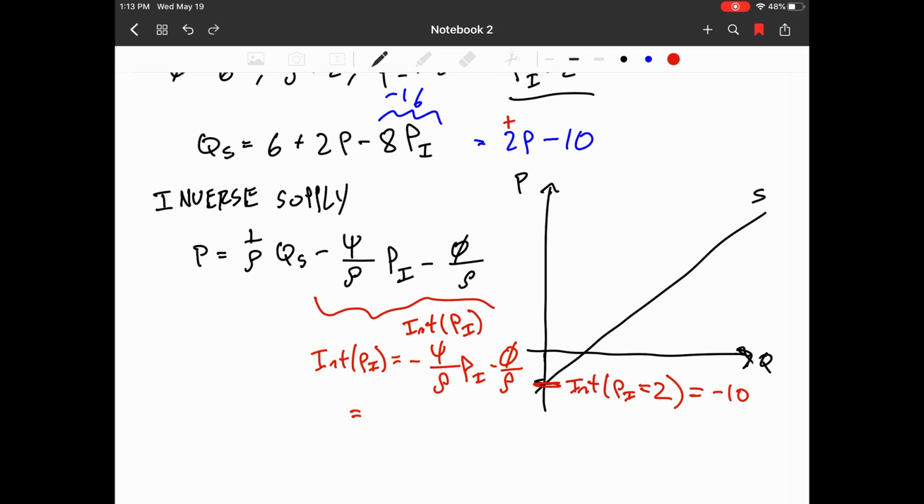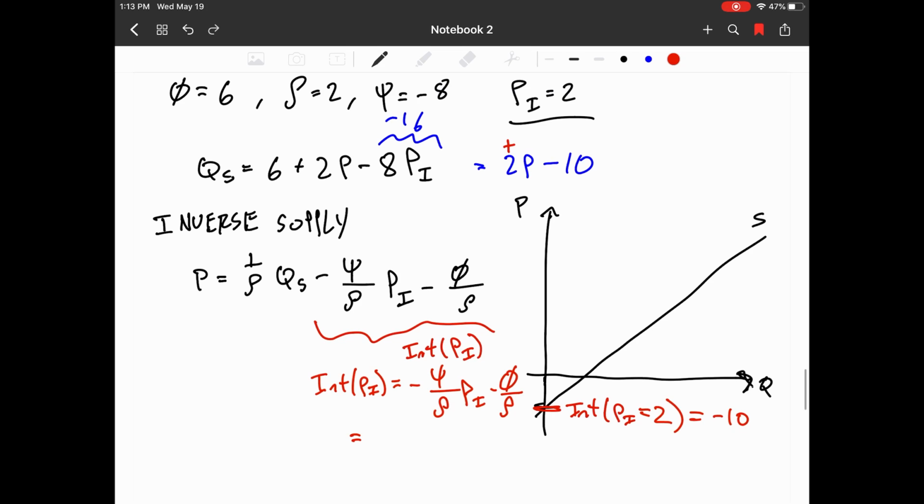And when we plug in all the parameter values, this comes out to be negative 8 over 2 times pi minus 6 over 2.